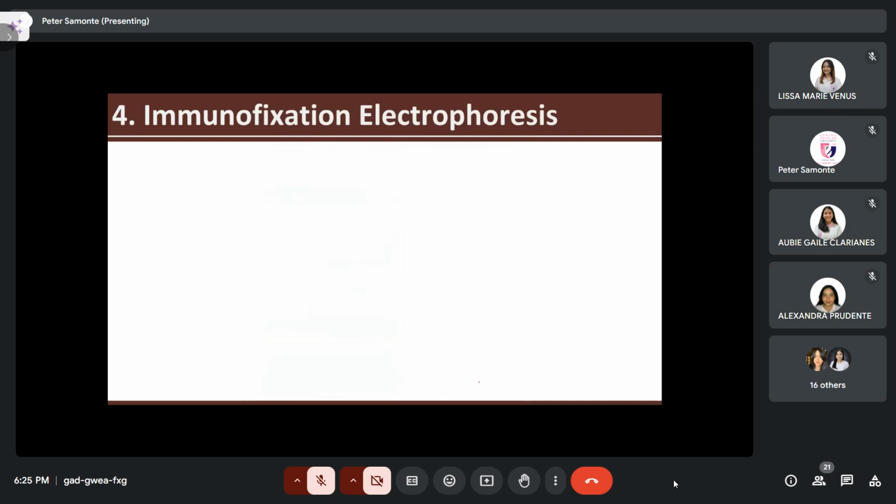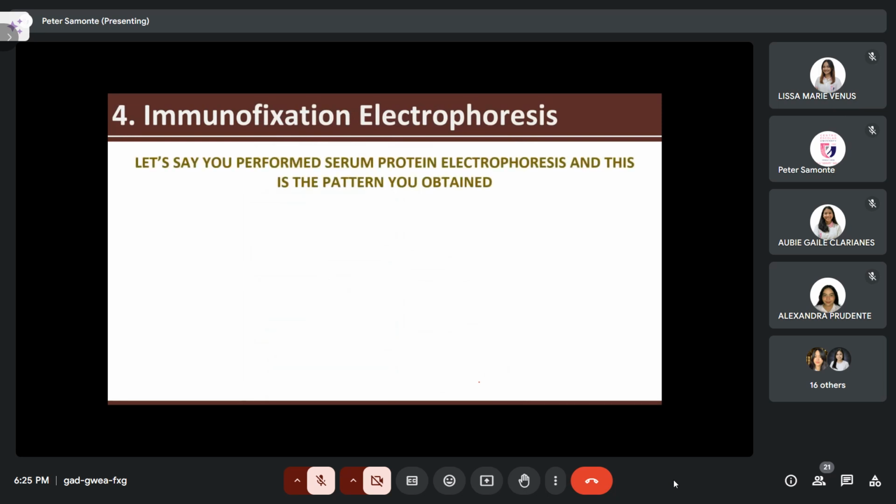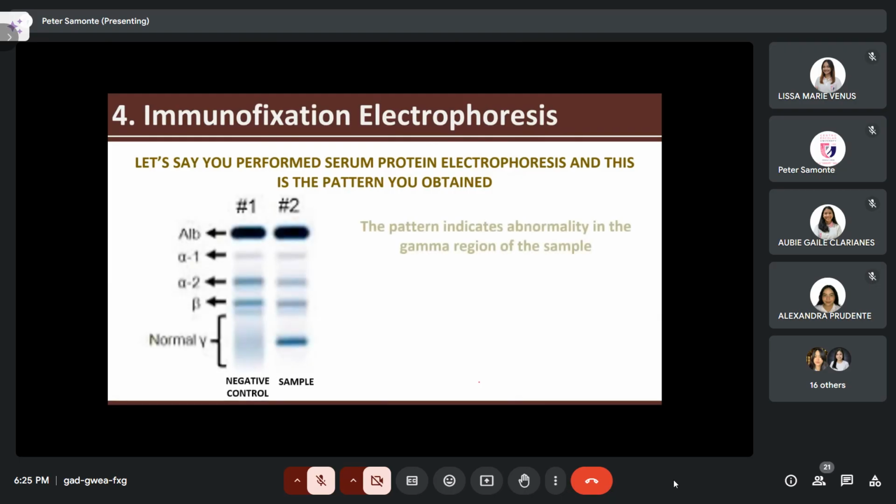Then we have another one, yung immunofixation electrophoresis niya. So in this case, let's say you perform serum protein electrophoresis and this is the pattern you would obtain. The pattern indicates abnormality in the gamma region of the sample. Now the question here, is it monoclonal or polyclonal?